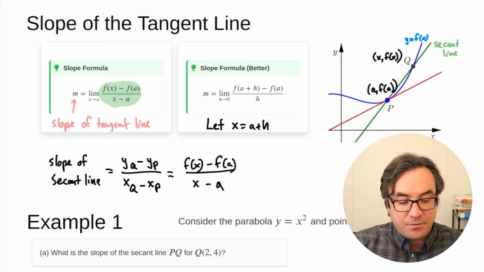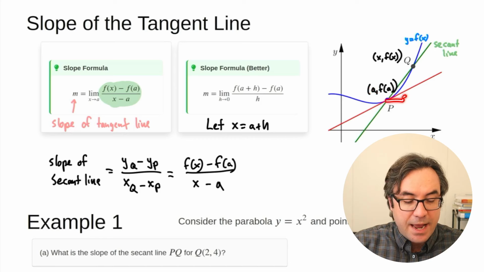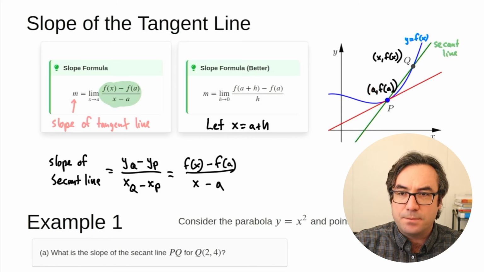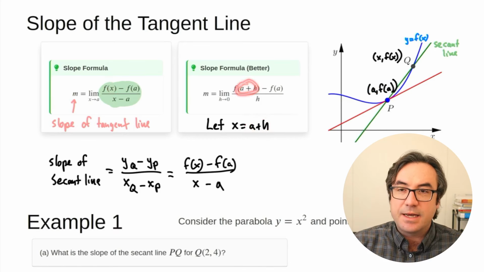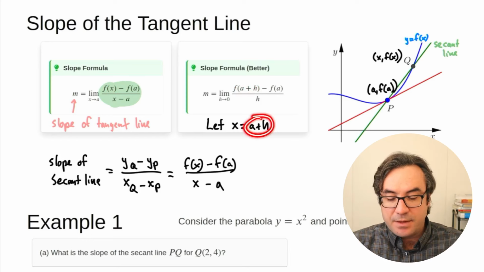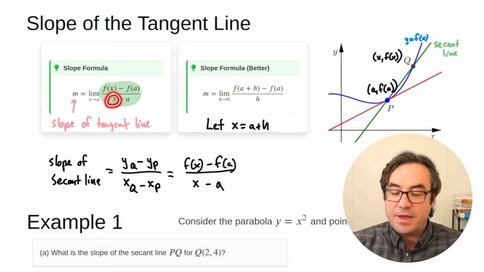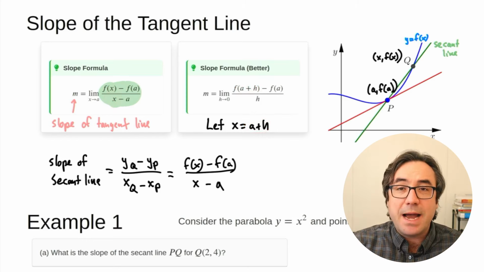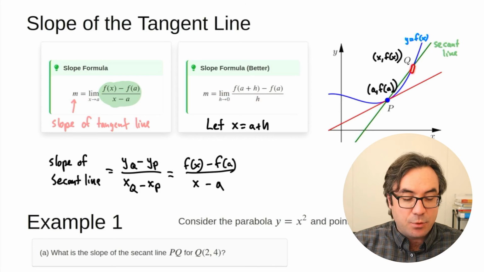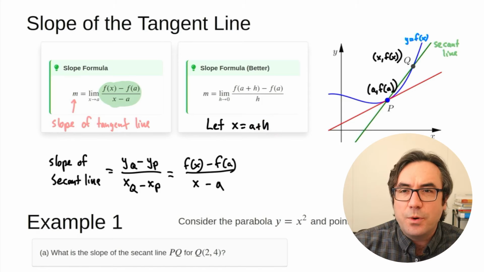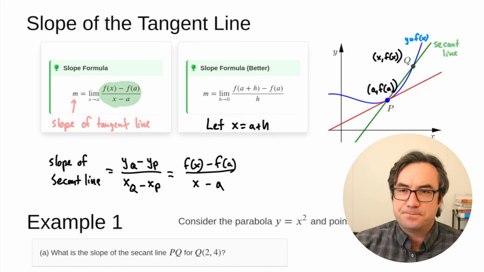It's where x equals a, but then we're adding a little bit extra to get our point Q. If I plug a plus h in for the x there, I get a plus h, and then plugging a plus h in here, I have a plus h minus a, which just leaves me with an h. And as x approaches a, really what's happening is point Q is getting closer and closer to point P. So h again is how far apart those two points are. So h goes to 0.